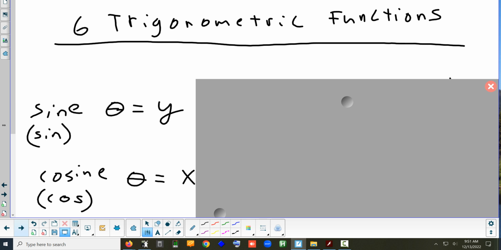And if I asked you specifically about the sine of not just 90, but the sine of anything, you need to give me the y value of your coordinate. Do you need the x value for sine? Nope, you don't need it at all. So when we want to find the sine of an angle, we need the y value of its coordinate.